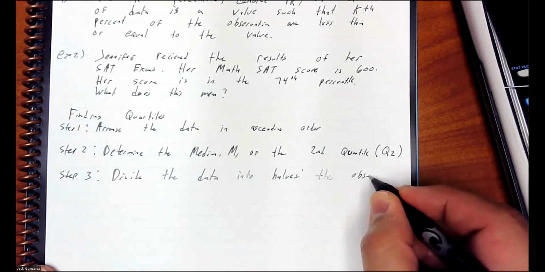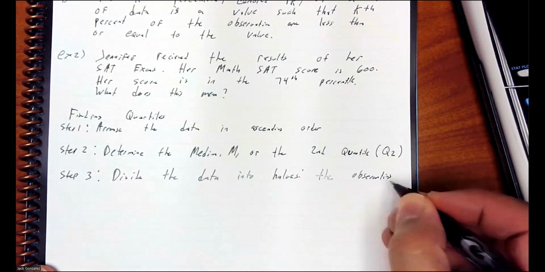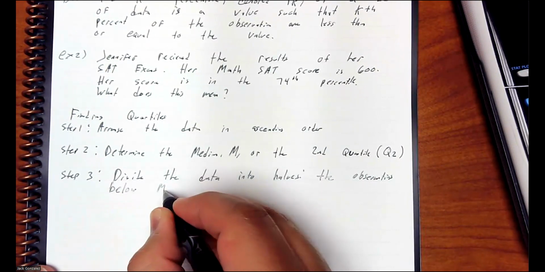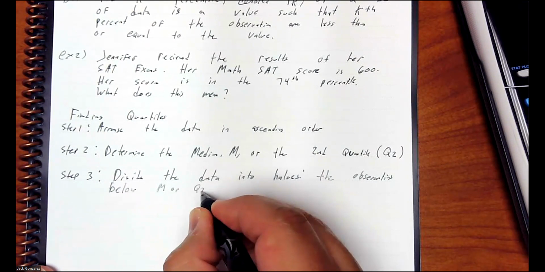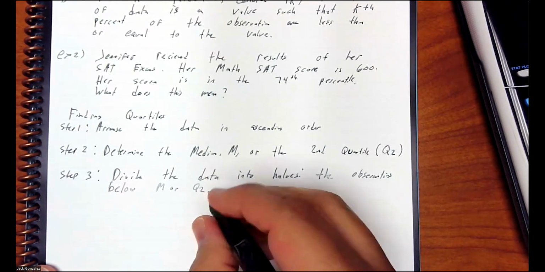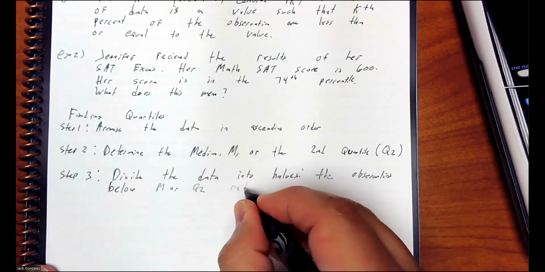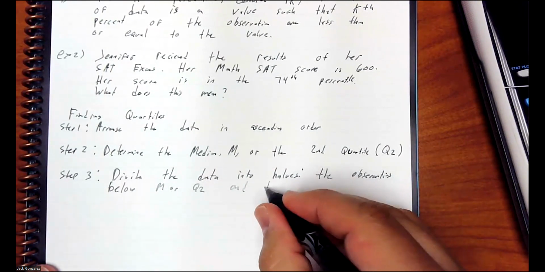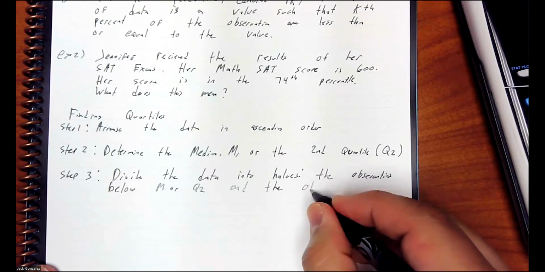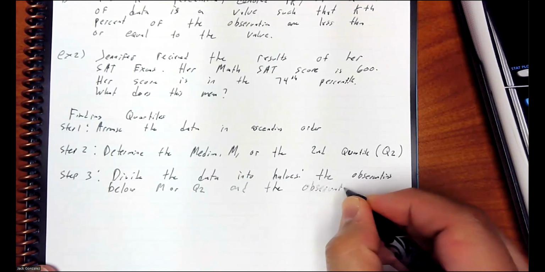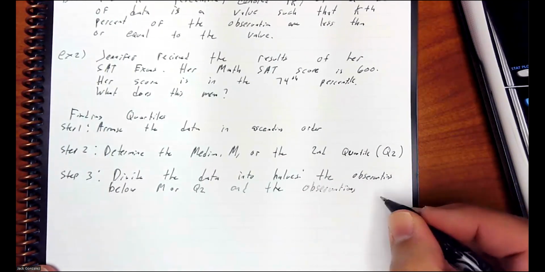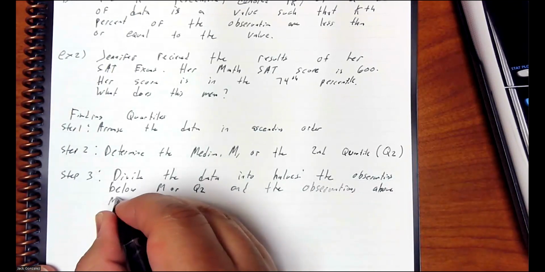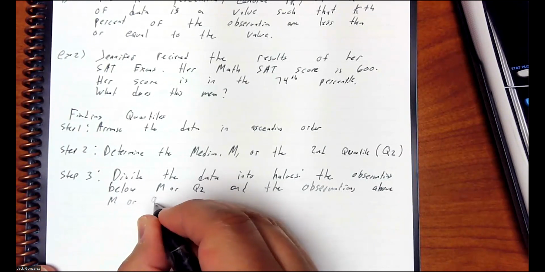The observations below M or Q2 and the observations above M or Q2.